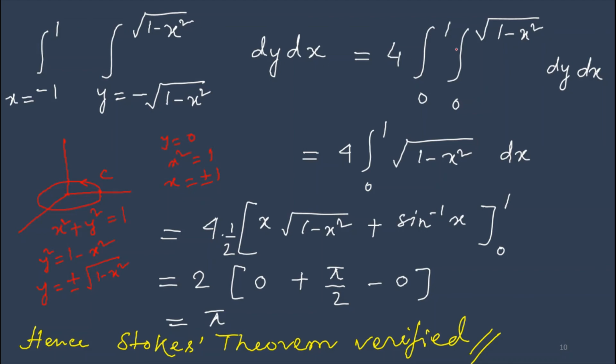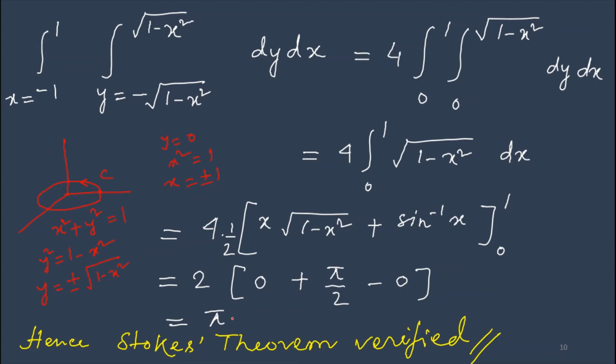Now let us apply the properties of definite integration. So we will get 2 and 2, it becomes 4, and the limits are 0 to 1 and 0 to square root of 1 minus x squared. Now it becomes a very simple integration. You can solve it and work it out. That is pi only.